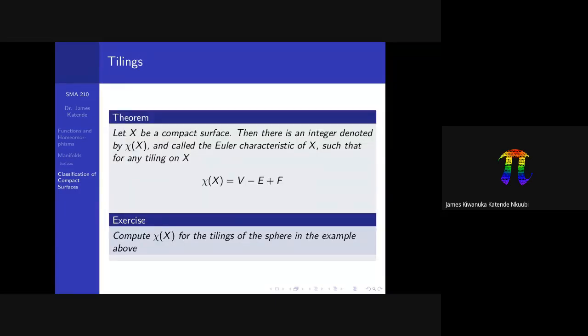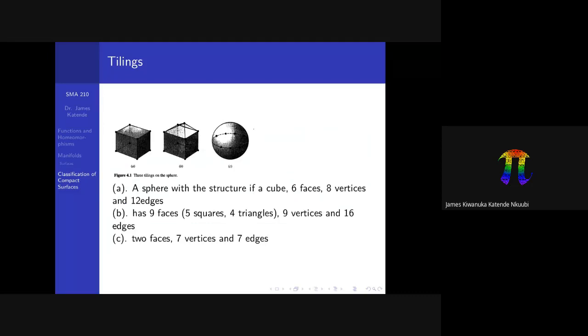The Euler characteristic, which we denote by chi of X, is equal to the number of vertices minus the number of edges plus the number of faces. So give me some answers now. What do you get for A? 2. What about B? Who has answered B? Titus.